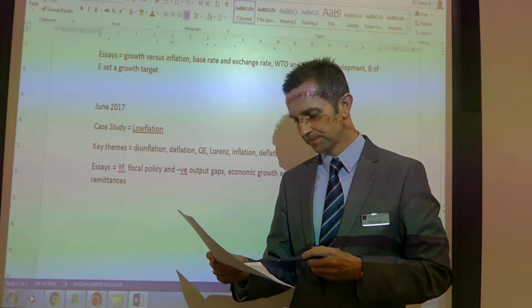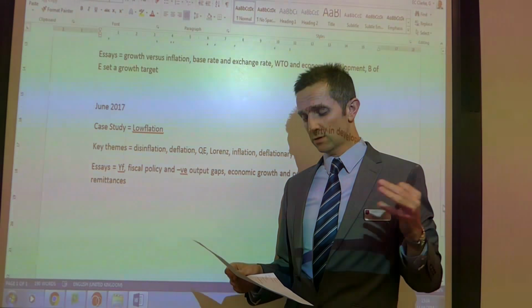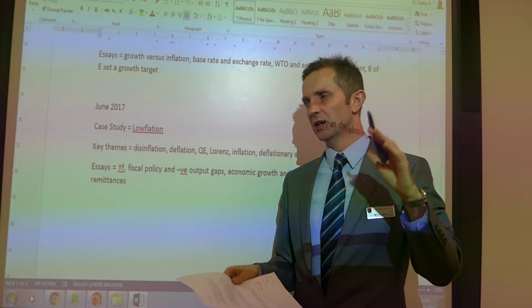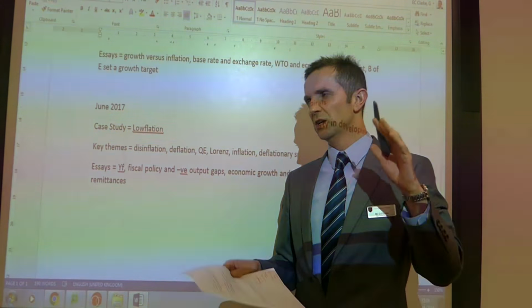Different exchange rate systems. Now, exchange rate has been on, as you've seen here, practice paper 2, but nothing really on maybe something to do with the exchange rate mechanism 2, the euro, all that sort of thing, fixed exchange rates, floating exchange rates. You never know on that.